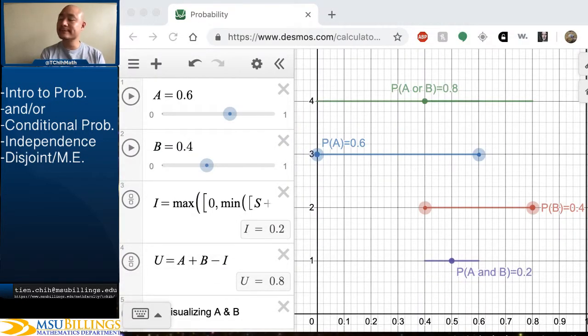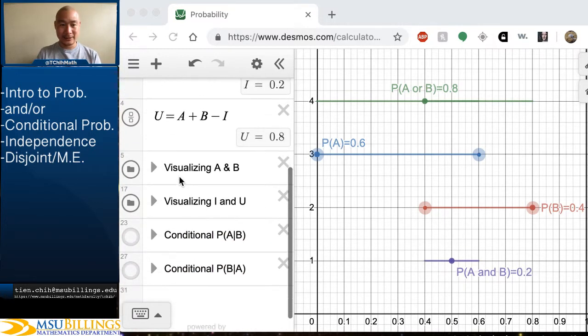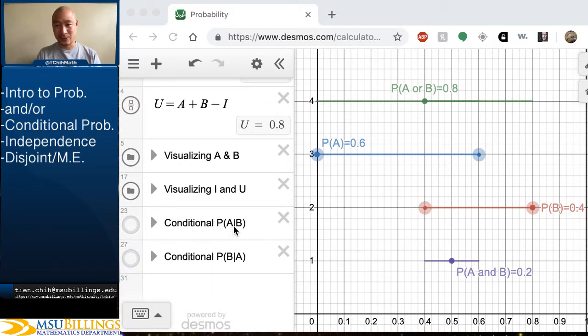So let's talk about conditional probability again. And so let's say what conditional probability refers to. So I'm going to scroll down on this side here. Let's take this first one.